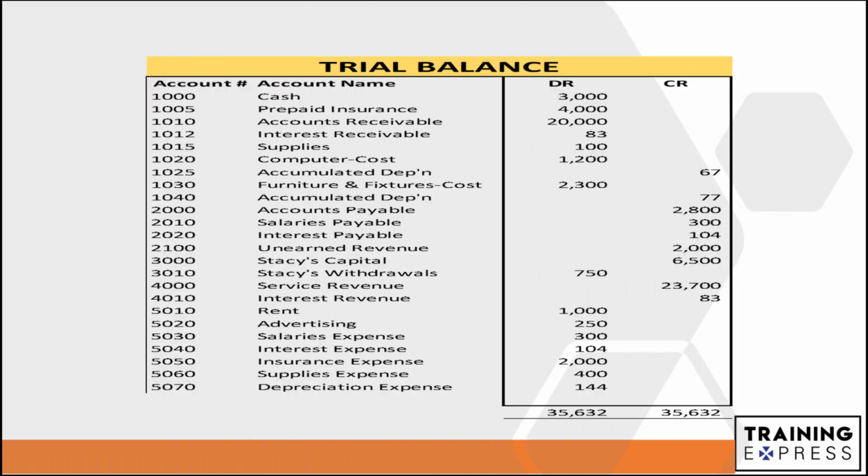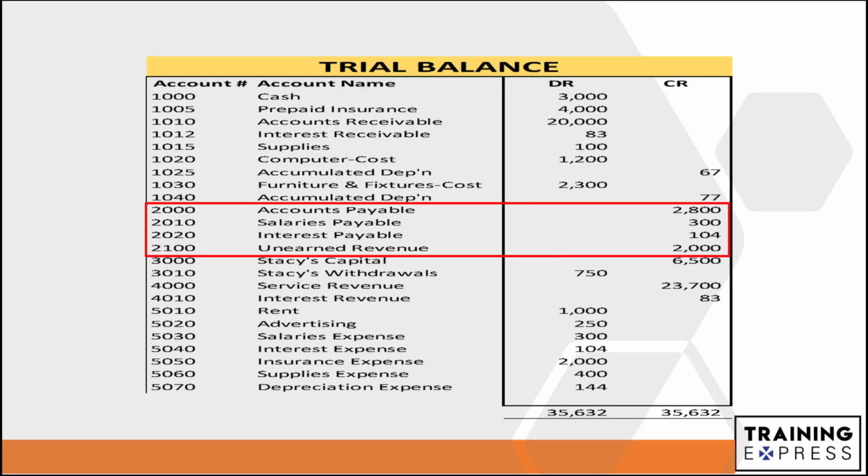Now let's look at our final trial balance here. First of all, we have listed our assets, and all the asset accounts are starting with number 1. Then we have listed liabilities, and liability accounts are starting with number 2.